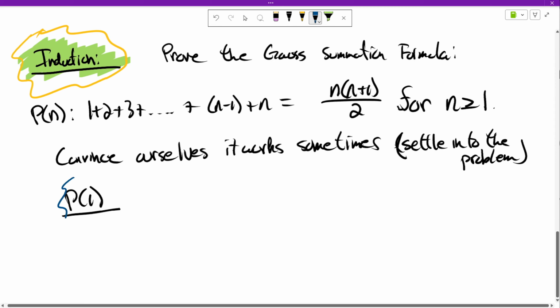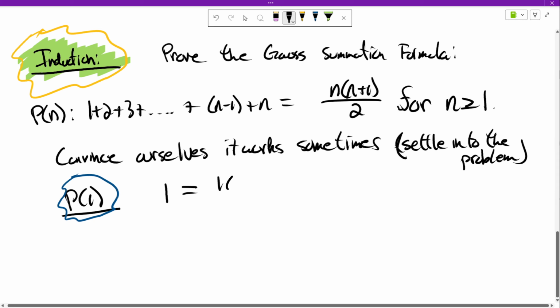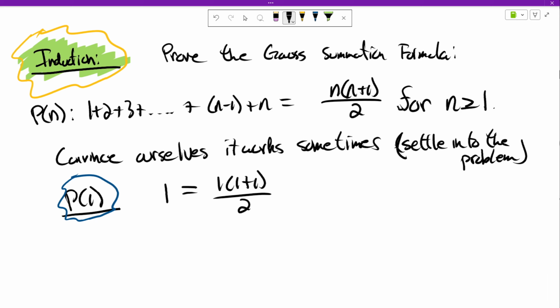P(1) is going to tell us 1, plus we add up to 1, but we're already at 1, so we stop, is equal to 1 times (1 plus 1) over 2, when n is equal to 1. The formula on the right-hand side looks like that.